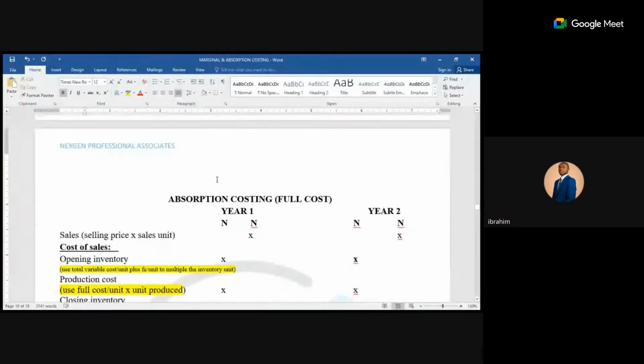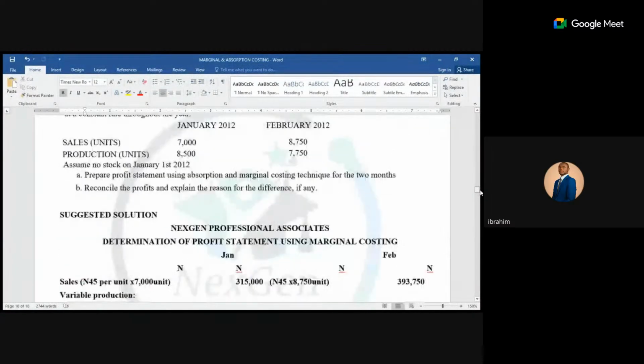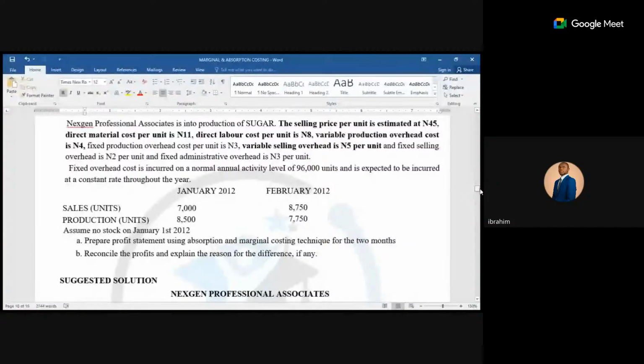So, what is the name of the company? Next Gen Professional Associates. That is the name. So, what is the requirement of this question? Don't forget the requirement is very important. Prepare profit statement.